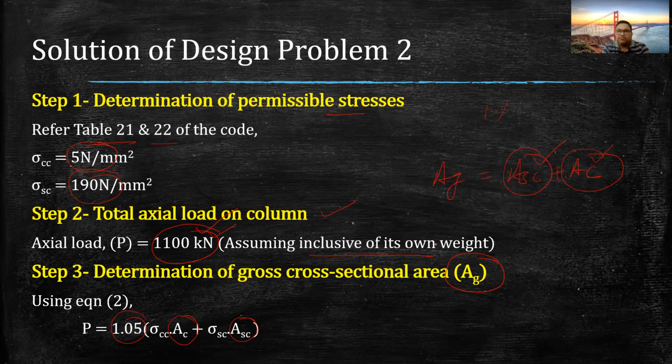So here we will write the value in terms of AG, because we want to find out the AG value. So we will write AC in terms of AG as 0.99 AG and ASC as 0.01 AG, because we assume that ASC, area of steel, here is 1%. So at 1% of steel, what should be the area of cross section of the column?